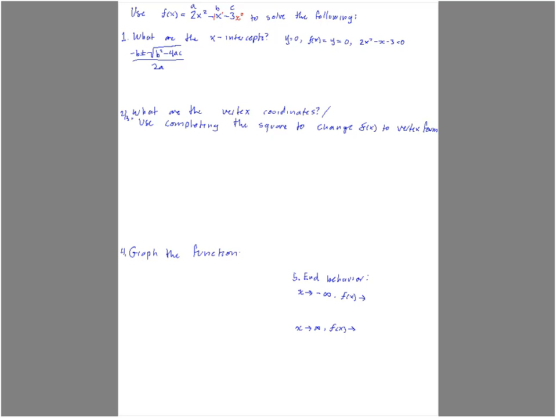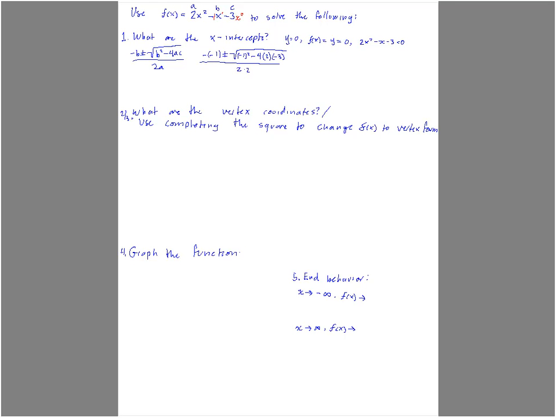And so if we plug that into our quadratic equation, we get negative 1 plus or minus the square root of b squared, so negative 1 squared minus 4 times 2 times negative 3, and all of that is divided by 2 times 2.